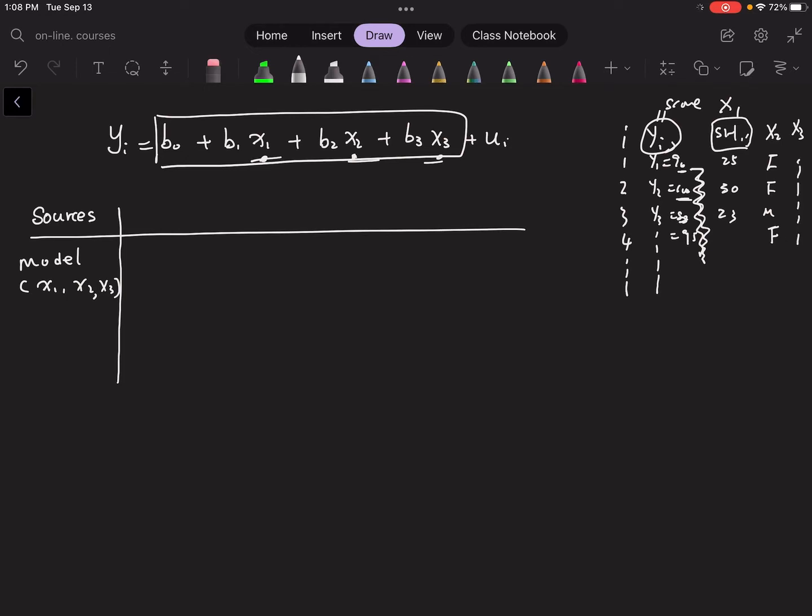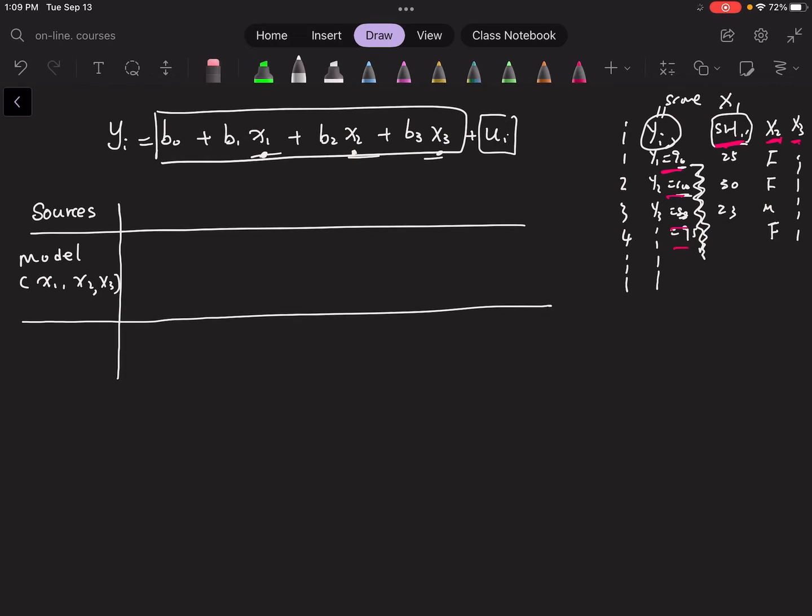You want to know what causes variation in y. One cause could be they have different study hours, one reason could be female or male, they're different sex, and one reason could be they have different family backgrounds. So these are the explanatory variables, and the rest of the variation in y is explained by the residual, or error, some unobserved variable.